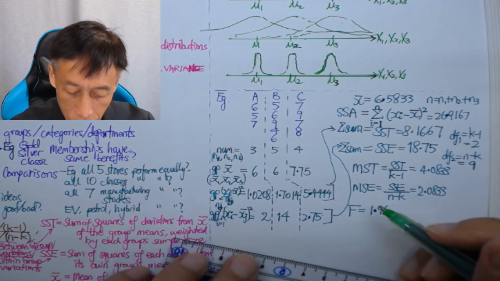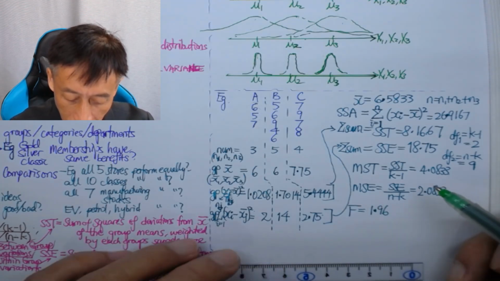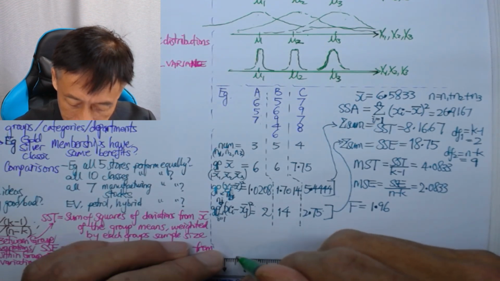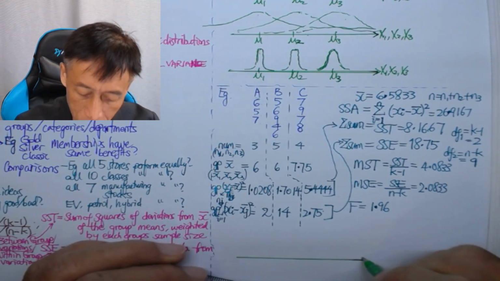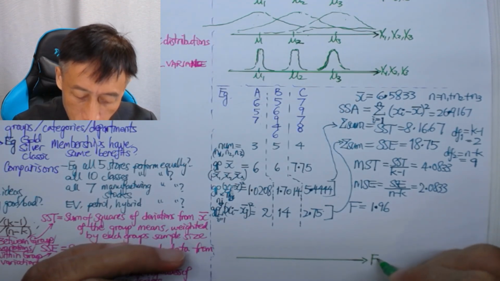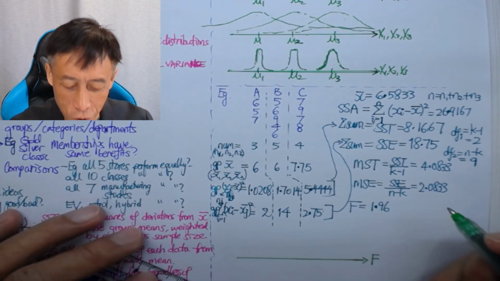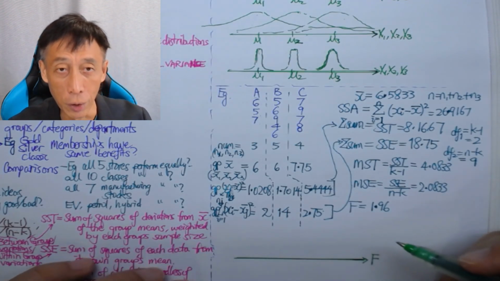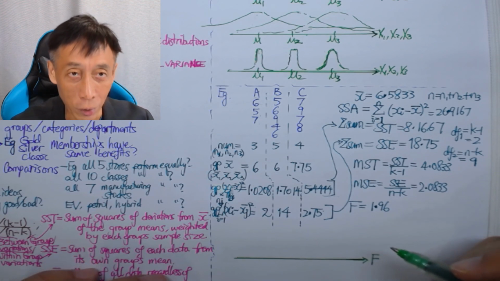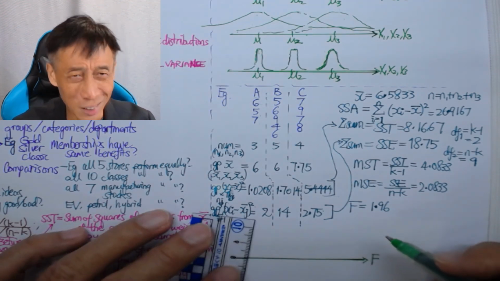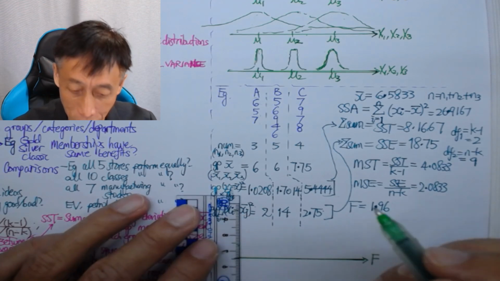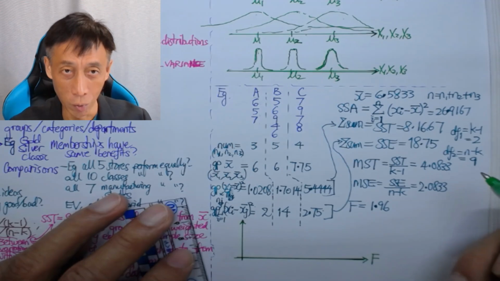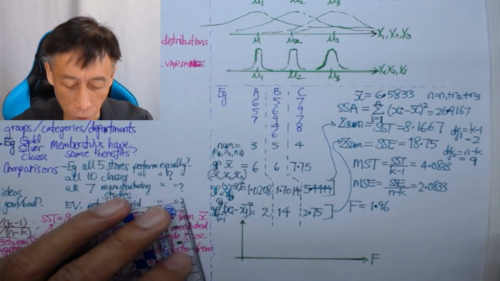So let's try to sketch what the F distribution could look like. First thing first, it changes shape depending on the degrees of freedom, but especially when the degrees of freedom are very few, like 2 and 2, 2 and 3, 1 and 2, that kind of thing, then the shape becomes unrecognizable from the general F distribution with larger degrees of freedom.